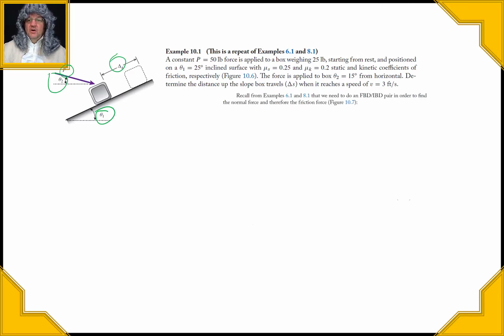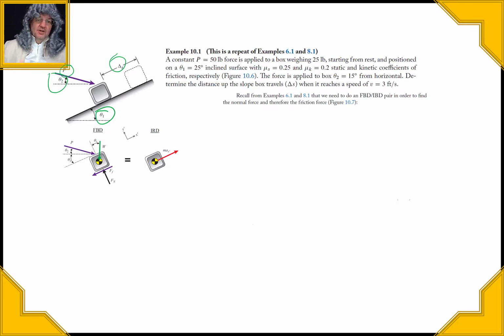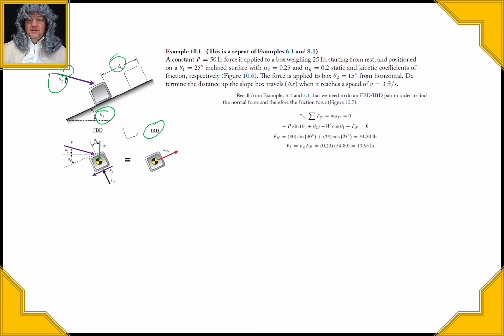Okay, so we want to put together a free body diagram, an inertial response diagram, or usually it should be IBD. Some books call it IRD. I think I accidentally changed it to IRD. I like IBD because it matches FBD. So anyway, we put these together simply so that we could make sure that we're finding the normal force, right? We want to be systematic here.